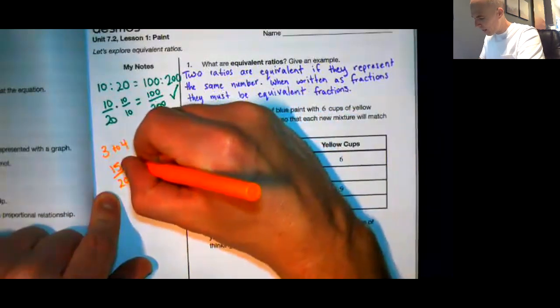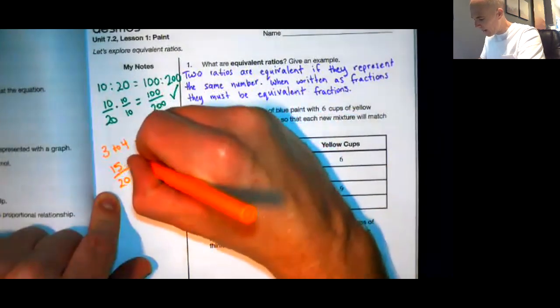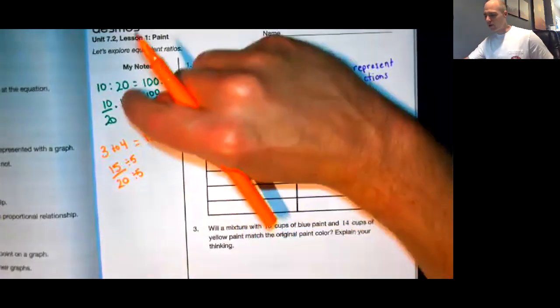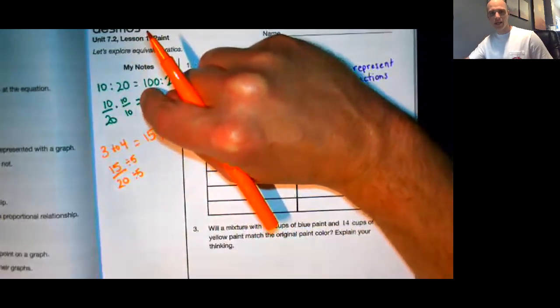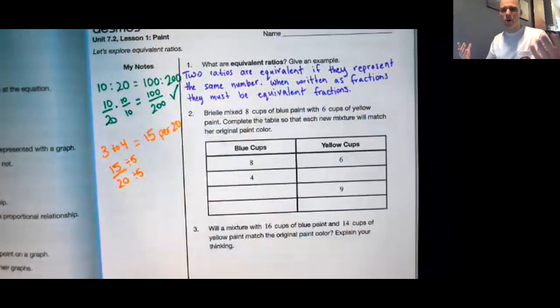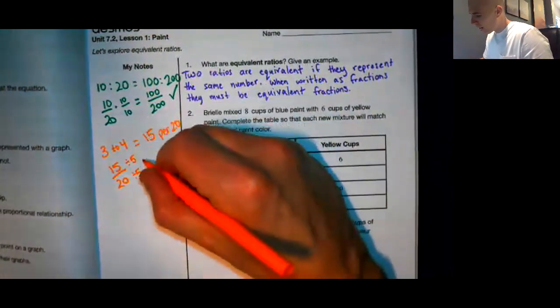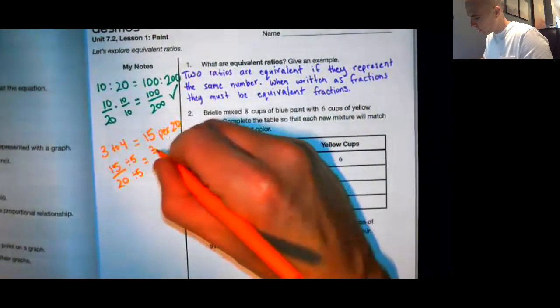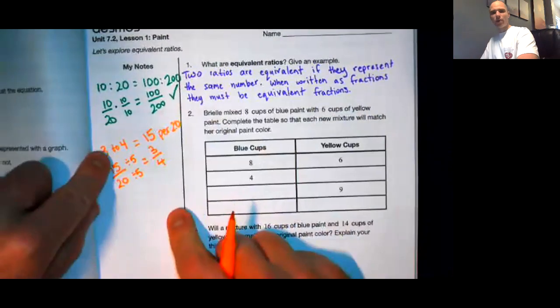And so I want to divide this by 5 on top and bottom. And I'm showing you a different way to write this. See, up here I wrote times 10 over 10, and here I'm writing divided by 5 on top, divided by 5 on bottom. Both of these are acceptable ways of writing what we're trying to do here. And so this equals 3/4, which is that other ratio we had.